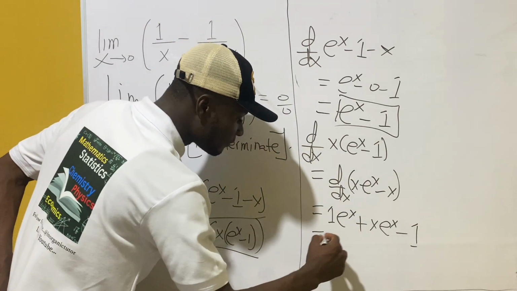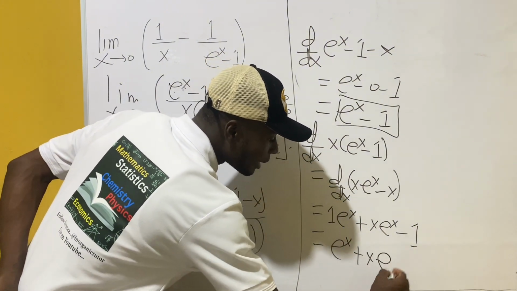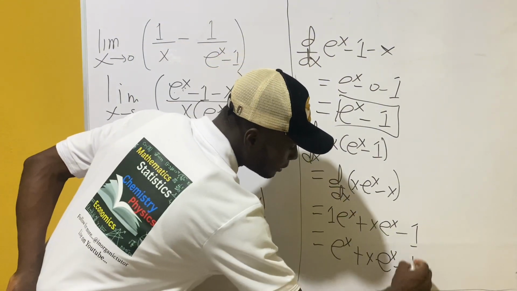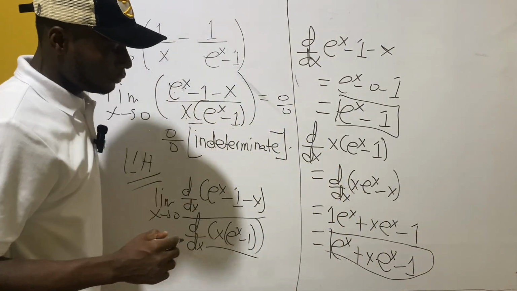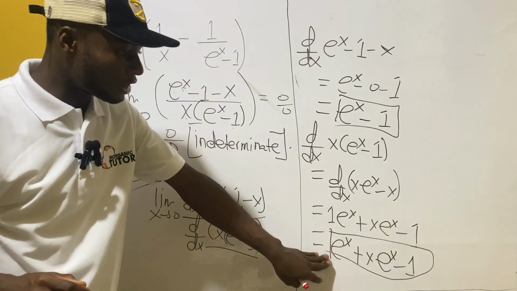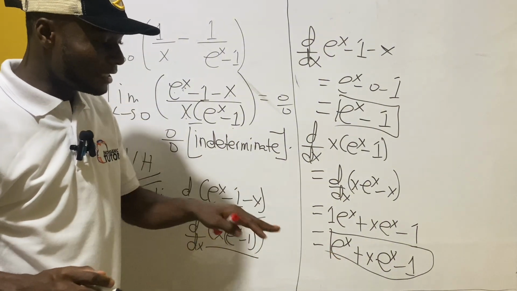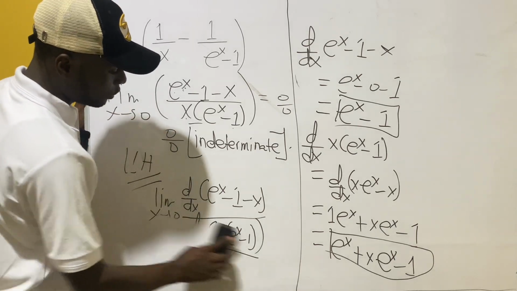So we have the derivative of the denominator as e power x plus x e power x minus 1.